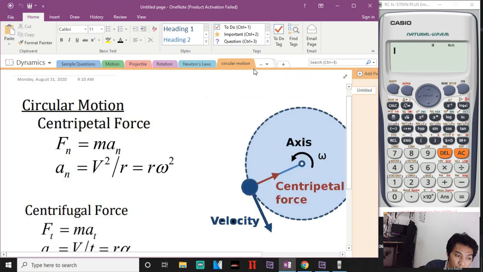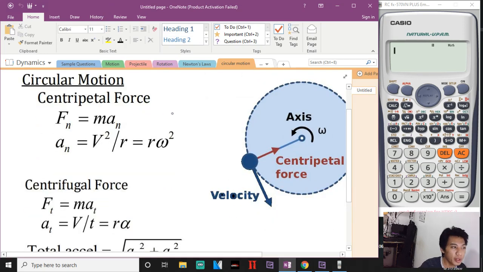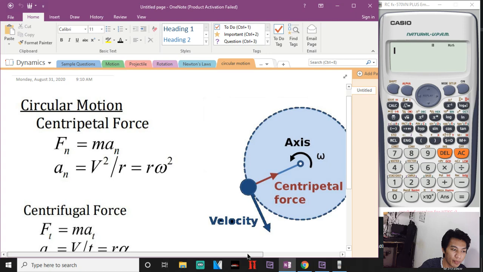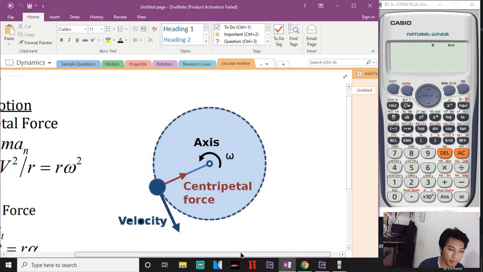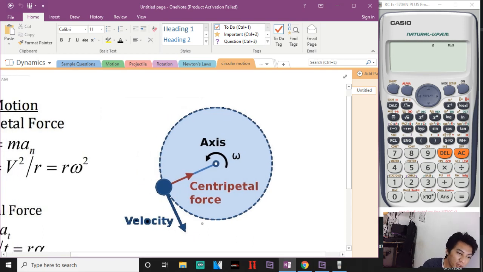Okay? Circular motion. Let's go with your circular motion. If this is your velocity, yung dinidiscuss ko kanina, the force towards middle, that is a centripetal force, okay?